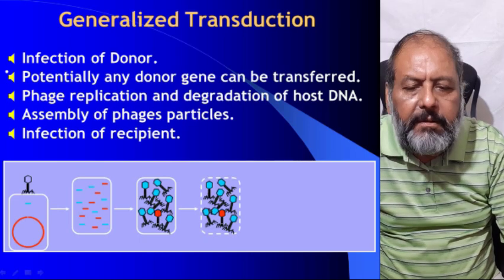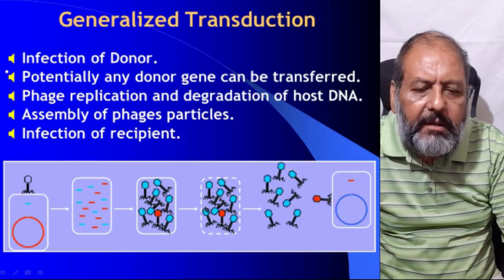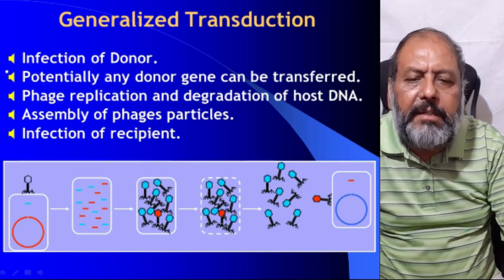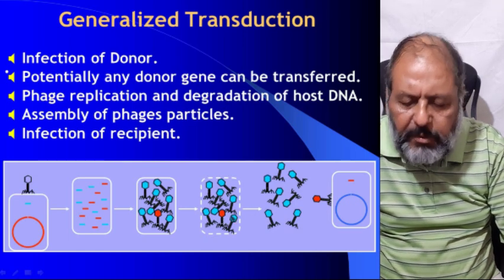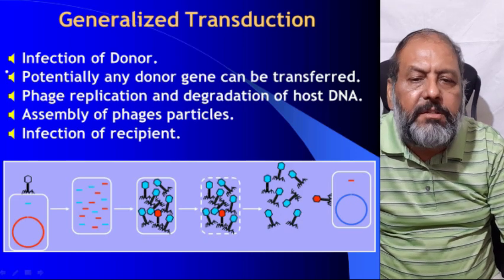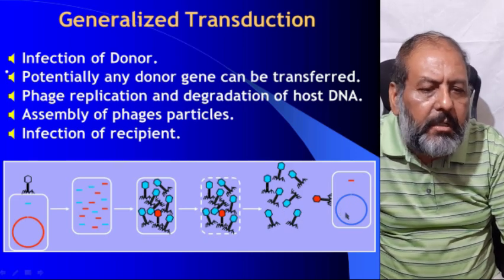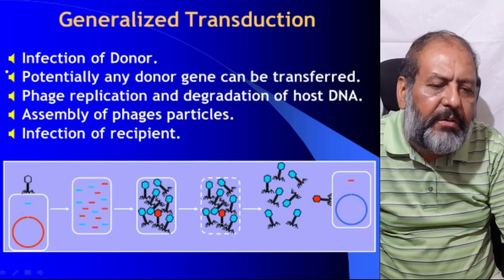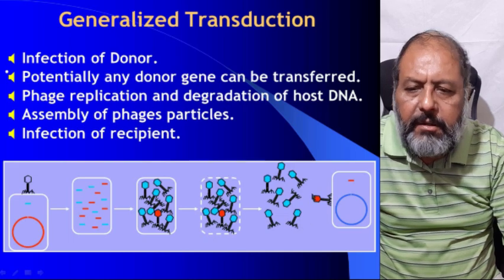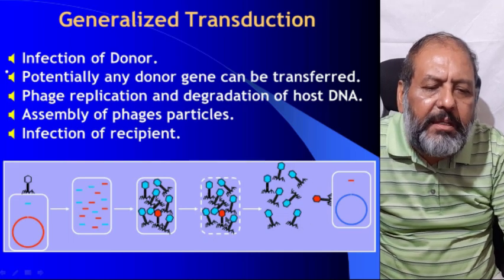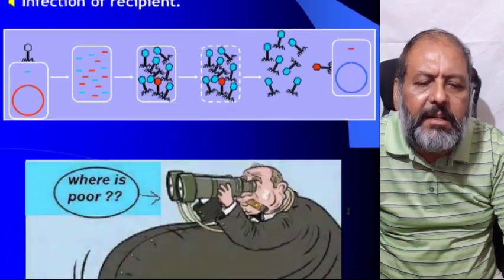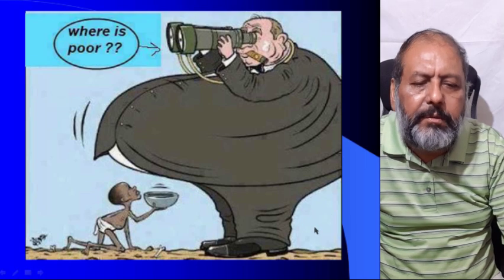These phages are now replicating inside the host cell, and as you can see, they are released from the host cell, which is destroyed, and the released bacteriophages are capable of infecting a new bacterium. As you can see, the first one was attacked, and ultimately so many bacteriophages have been produced by this process of generalized transduction, capable of transfer.